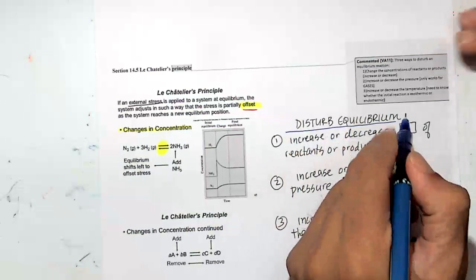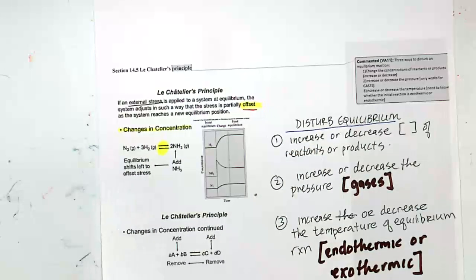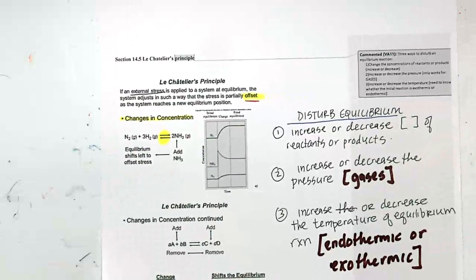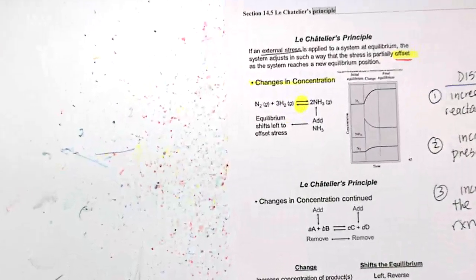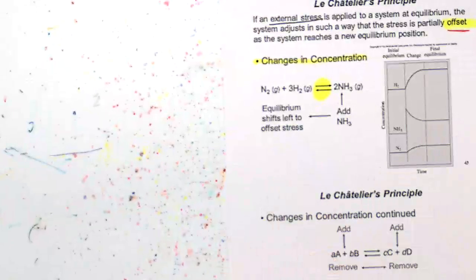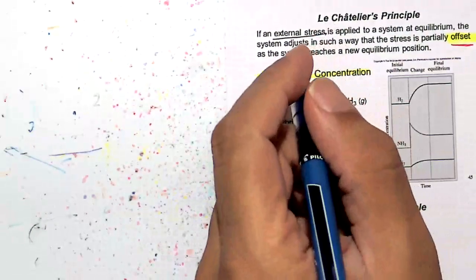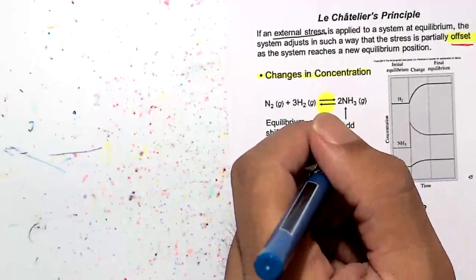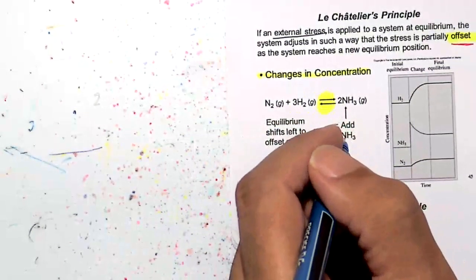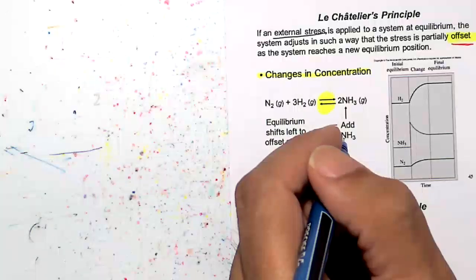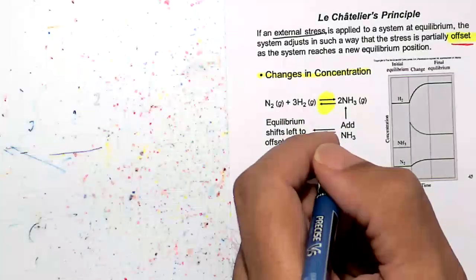Okay, the first one, I think Susanna, our classmate, mentioned: the first thing we can do to sort of mess up an equilibrium is to change the concentration. So I hope this comes pretty easy. If we add NH3, what is the offset of adding NH3?